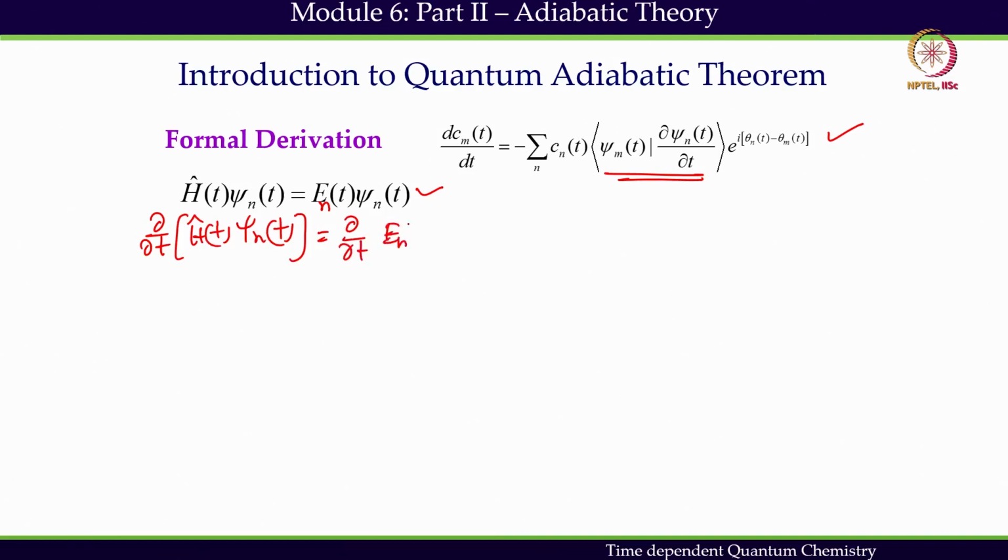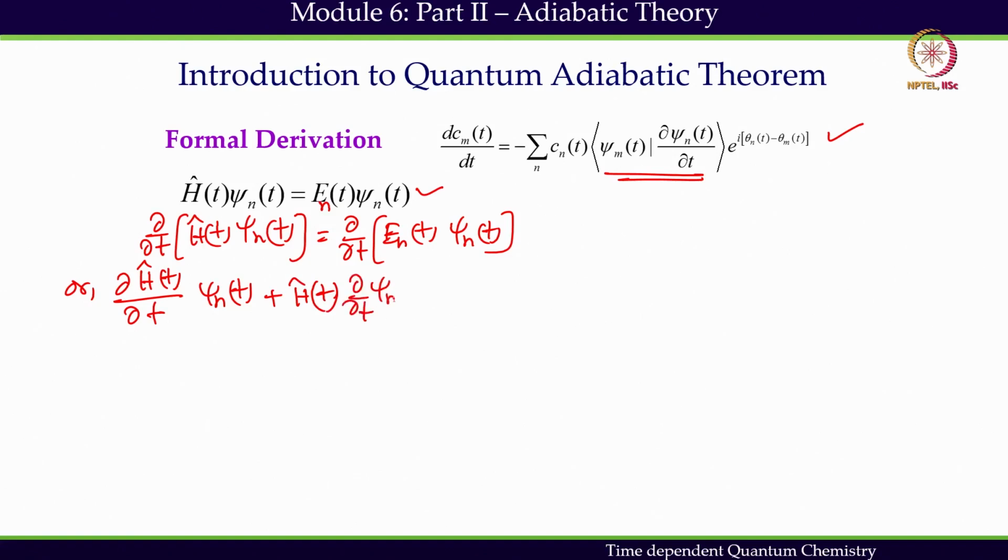With respect to time, the first term would be a partial derivative, because the Hamiltonian depends on x, and the wave function also depends on x, that's why it is going to be a partial derivative, equals total derivative of E_n, because energy depends on the length adapted at that time t, so it depends on time only, and this psi_n(t) remains, plus I have now E_n times the partial derivative of psi_n(t) with respect to t. So this is the expression we get.